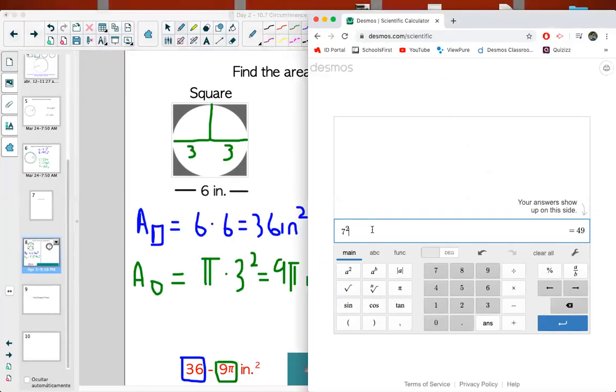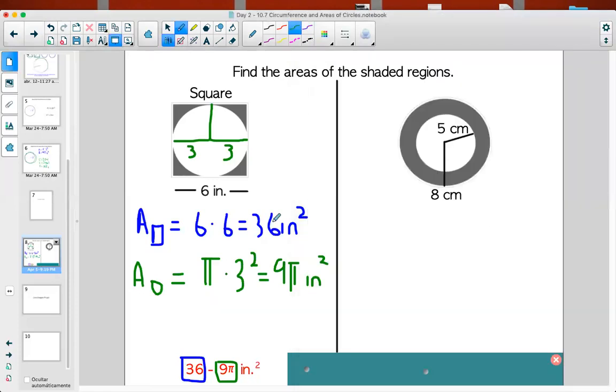So if we want to know what that is as a decimal, we can do the following. We can do 36 minus 9, use the pi button, and then that will give us 7 point, this decimal. So the area of this shaded region is 7.72 inches squared, which is a lot smaller than what the square is, right?